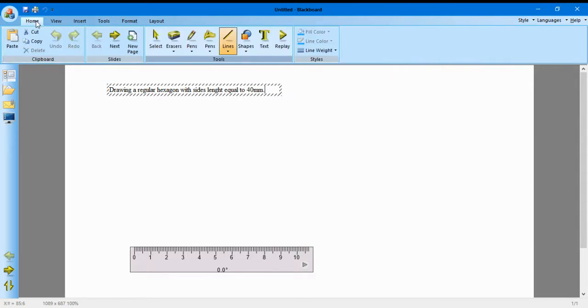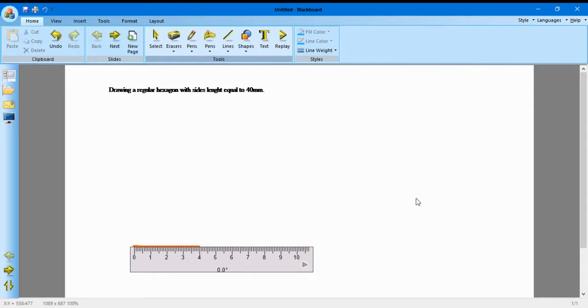Now after that, we're going to be drawing the line here, which is going to be from 0 up to 40 millimeters. All right, that is my first step I will need to do.